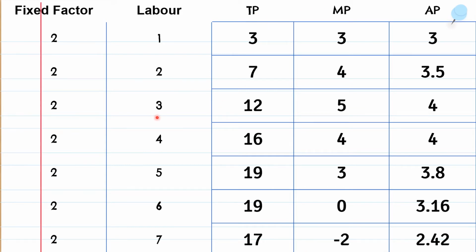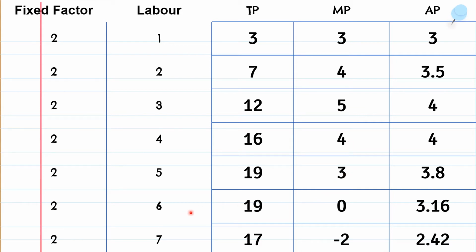As we see at the third unit of the variable factor, the marginal product is 5, total product is 12. At the fourth unit of the variable factor, marginal product falls from 5 to 4, but total product is increasing. So that means marginal product falls first.